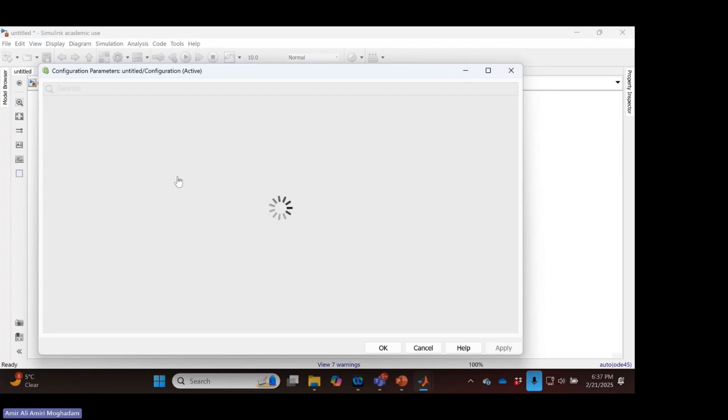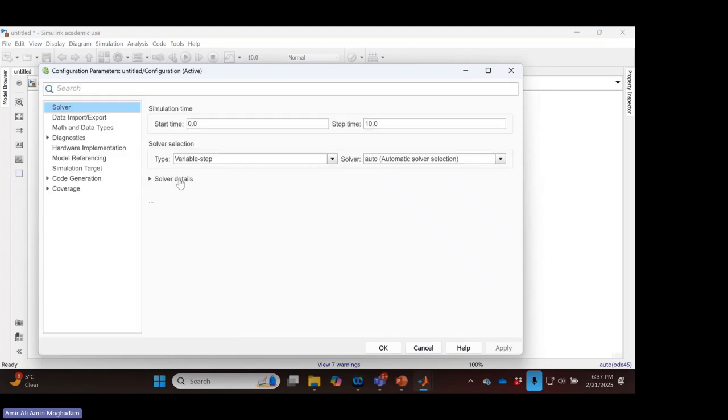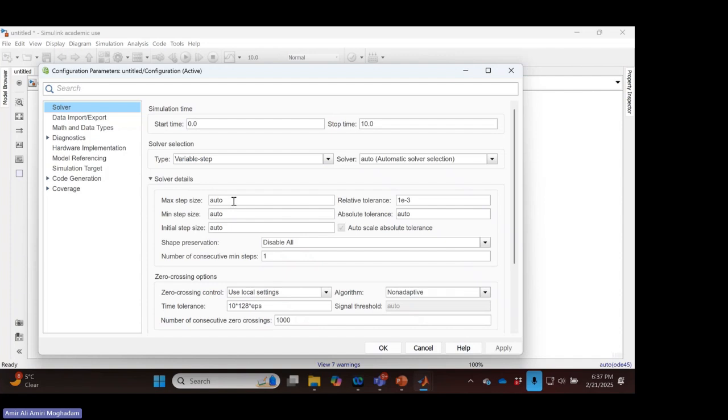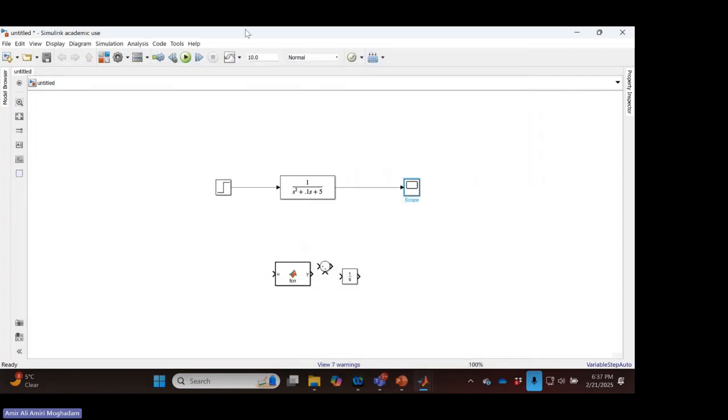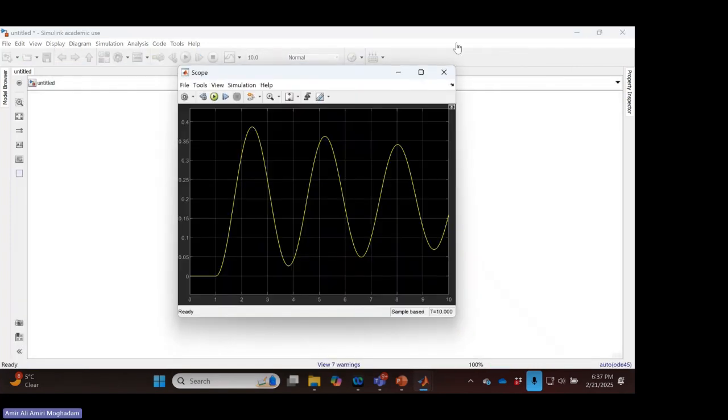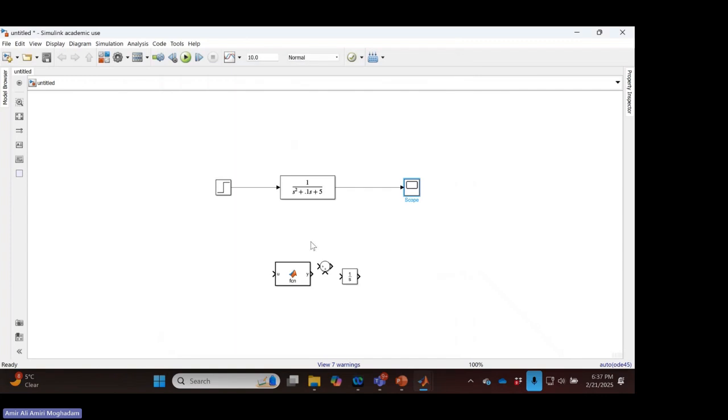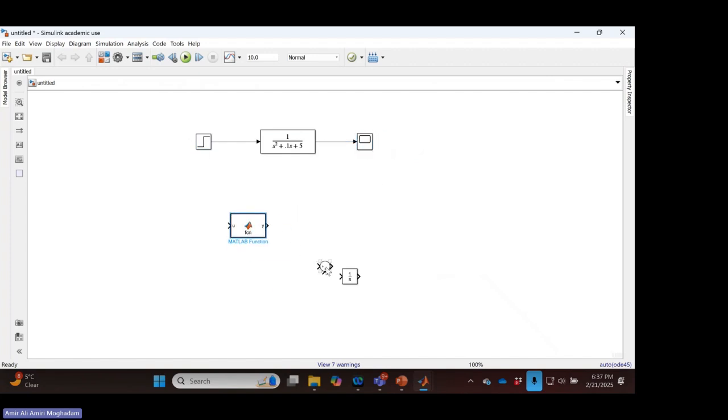I just want to limit the maximum step size. I just want this to be maximum 0.1 second, so the curves look a bit smoother. Okay. Now, this is just the transfer function, but we would like to now use the state space model and obtain the same result.